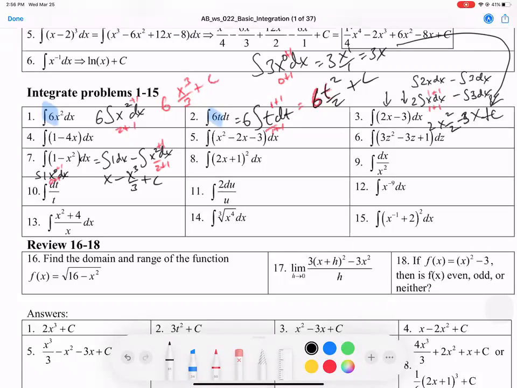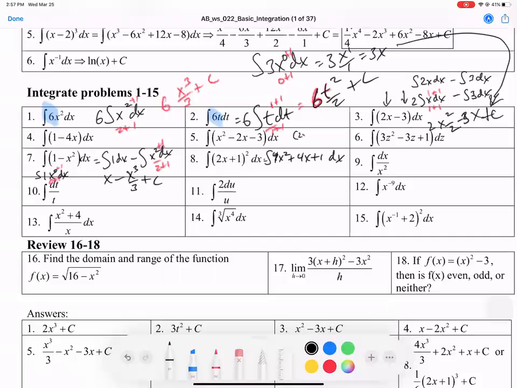Number 8. You could do u substitution, or you can multiply it out. This is the integral of 4x squared plus 4x plus 1 dx.